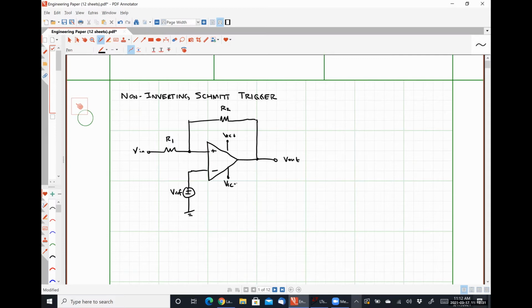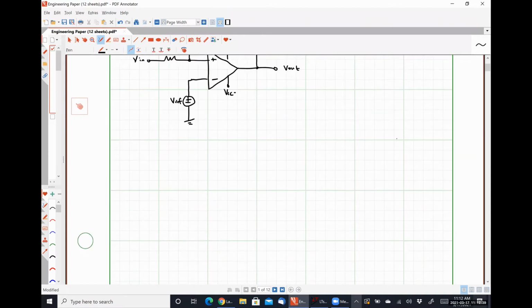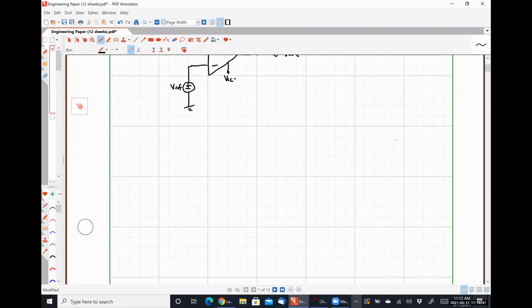So the first thing that I'm going to do is draw a practical model representation of this guy, okay? So I'm going to start with just my op amp circuit. So I have some finite resistance Rin. This node right here is my non-inverting input terminal.